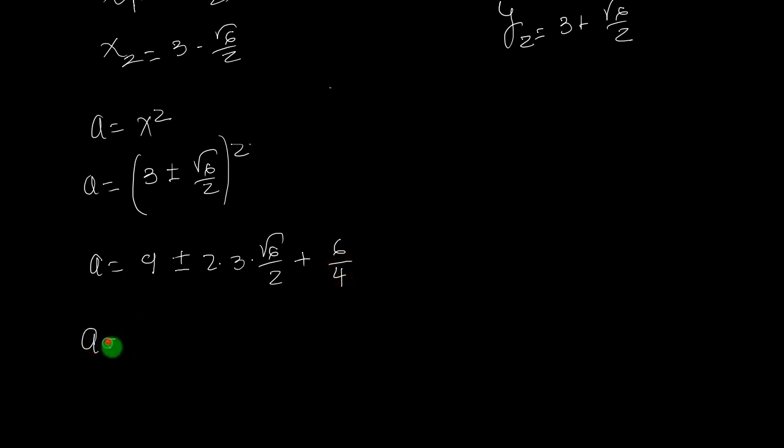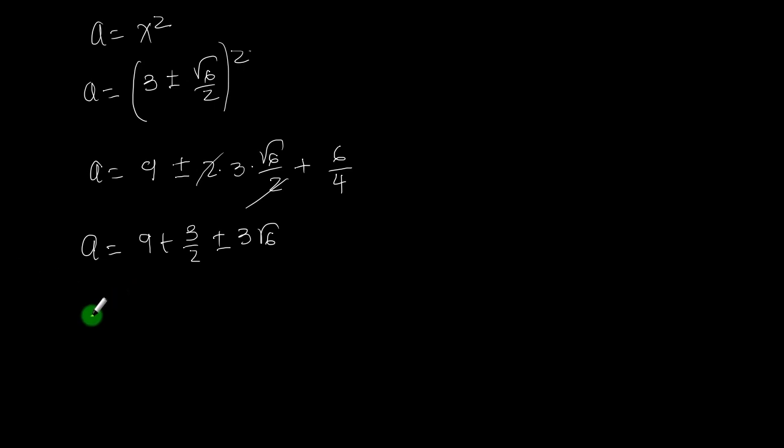So my a is going to be 9 plus or minus, I'm going to cancel this, and I'm going to have 9 plus 6 over 4, this is 3 over 2, and plus or minus what? This would be 3 square root of 6. So now a is equal to 18 plus 3, this is 21 over 2, plus or minus 3 square root of 6.